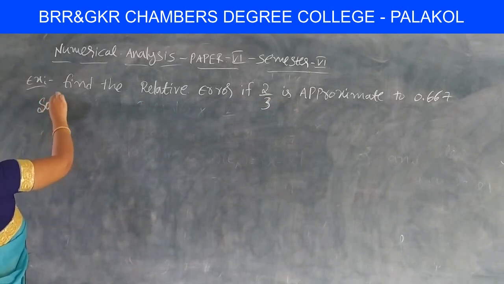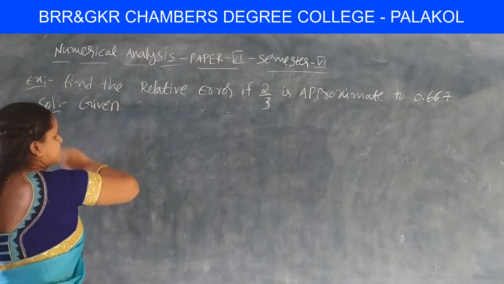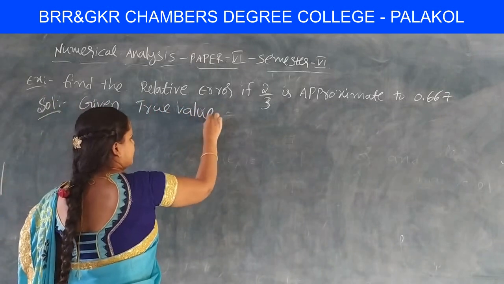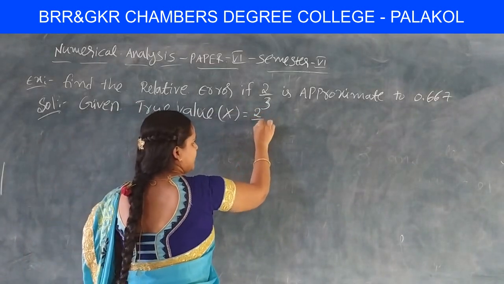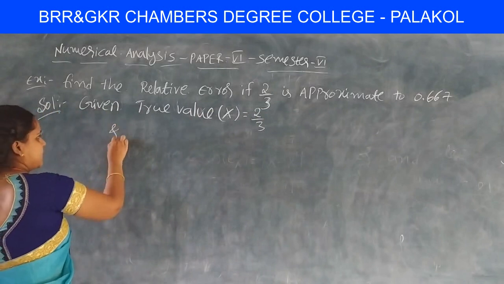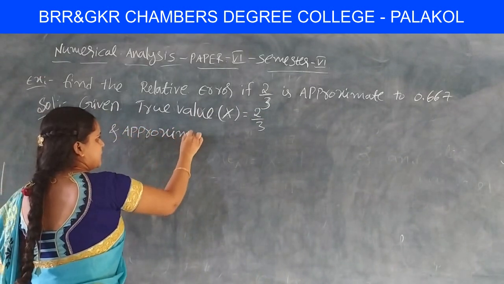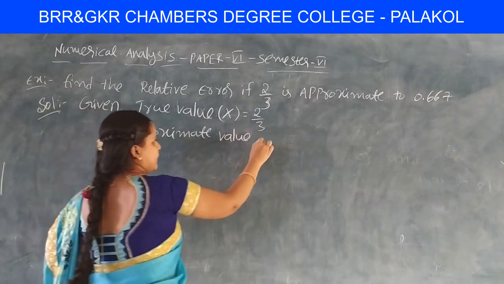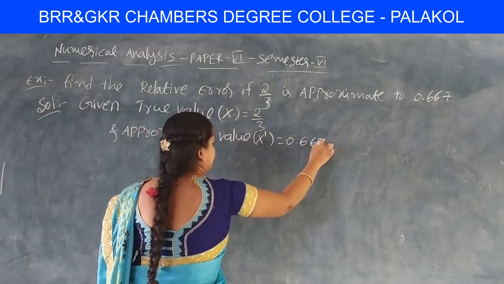Now, solution. Given: the true value, indicated by capital X, is equal to 2 by 3, which is approximated to 0.667, and the approximate value x dash is equal to 0.667.